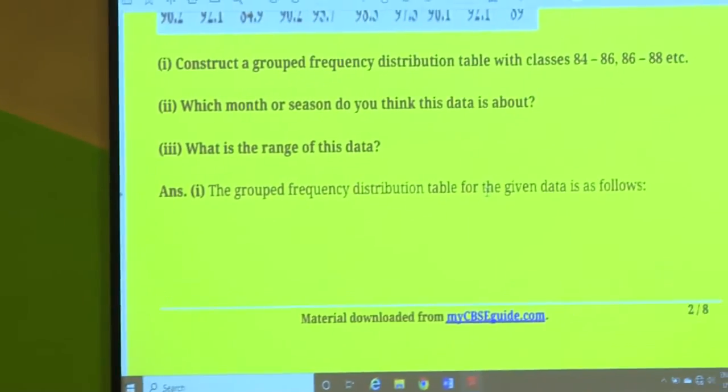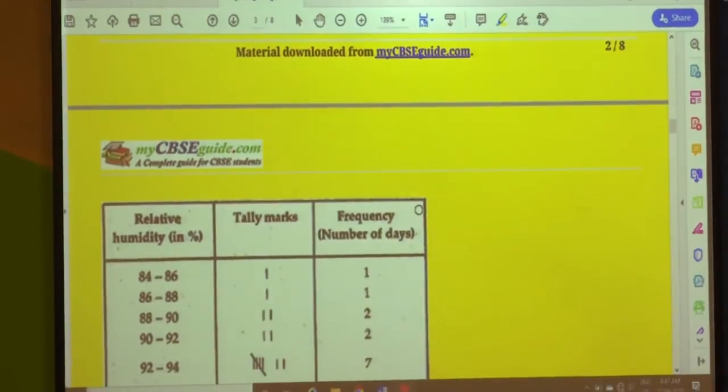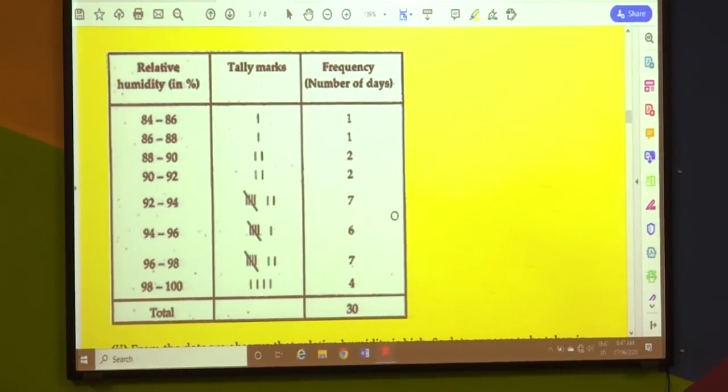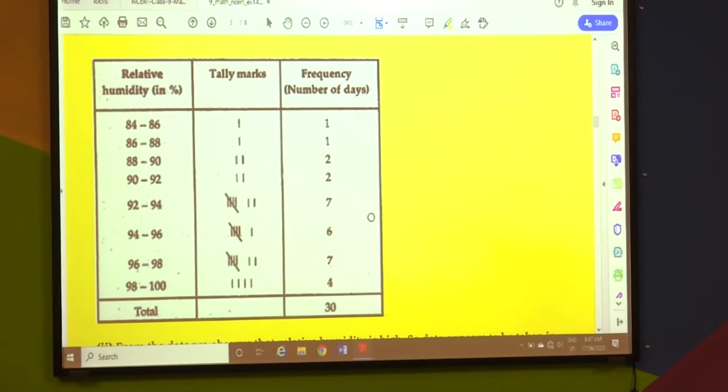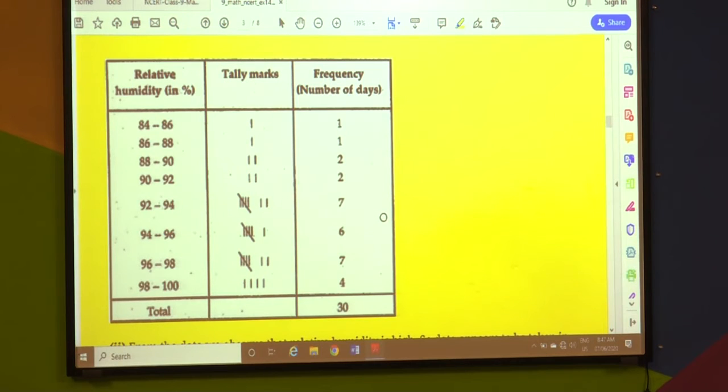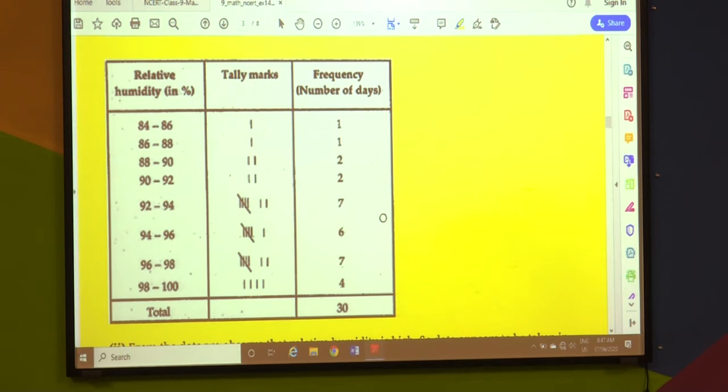Let us come to the table as per the instructions. The first column is relative humidity in percent.